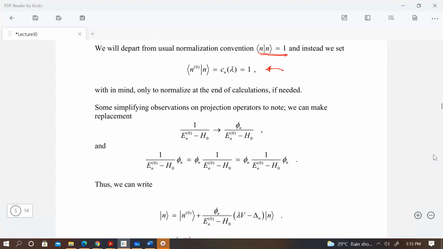So let's look at what happens when we have these projection operators. Some of the things that we have already seen, that one can get rid of the problem of this thing at the denominator by just inserting this projection operator.